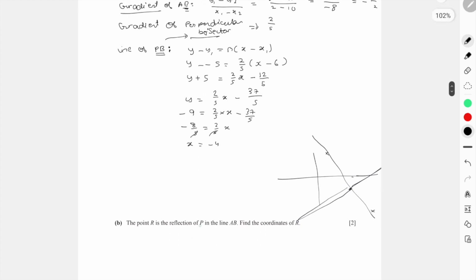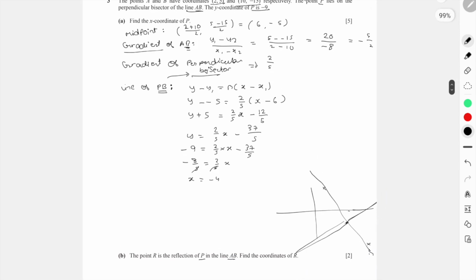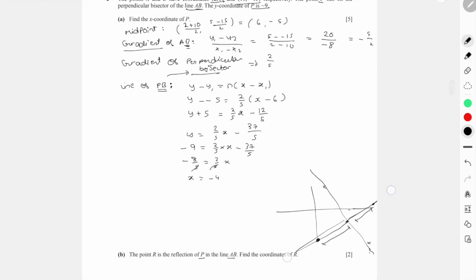And now it's the reflection in the line AB, so this is the line of reflection. And where does P lie? X equals minus 4, sorry, it lies somewhere here. So this distance is going to be the same as the distance here.